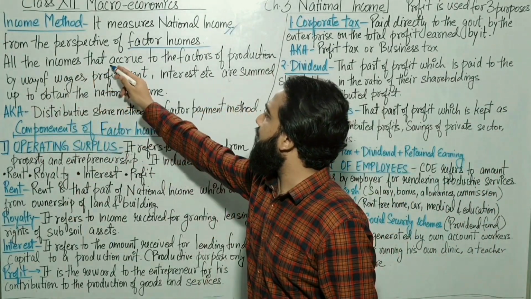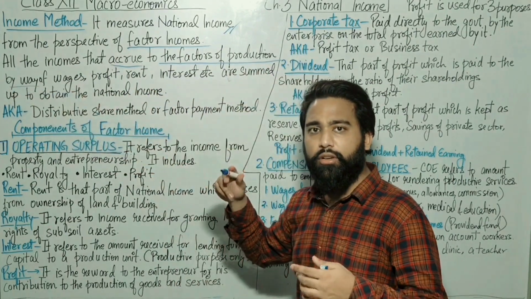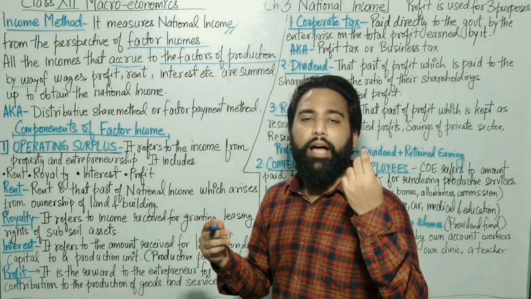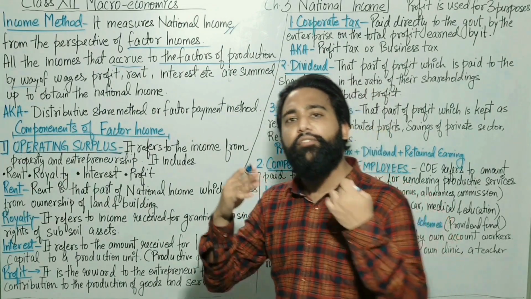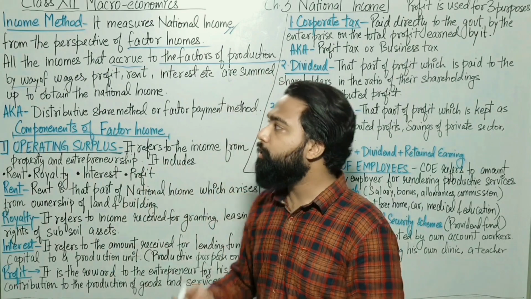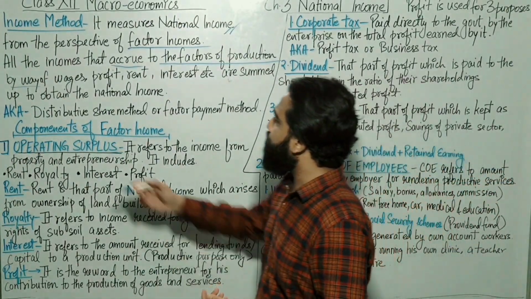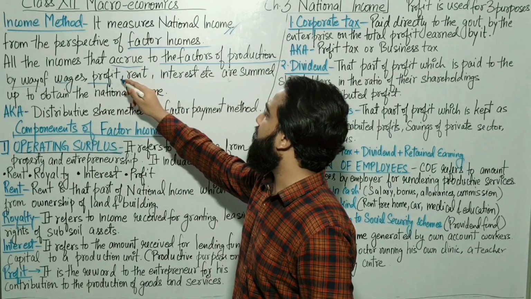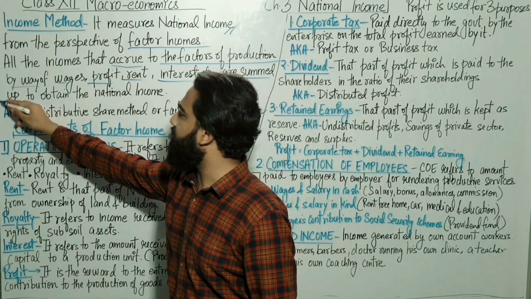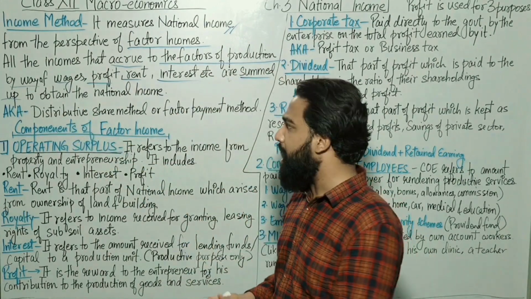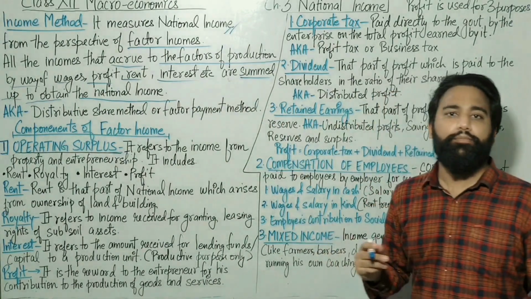All the incomes that accrue to the factors of production. Factors of production means land, labor, capital, entrepreneurship. Whatever factor income we earn through land, labor, capital and entrepreneurship, we get wages, profit, rent, interest, etc. If they are summed up, totaled, added up, we obtain the national income.